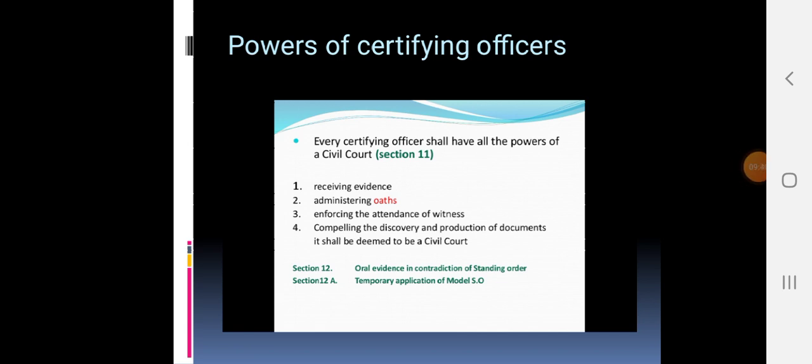Most of the time, having gone through your previous year question papers, I can see just one type of question related to these acts. That is, what are the salient features of the Factories Act, and the salient features of the Industrial Disputes Act.